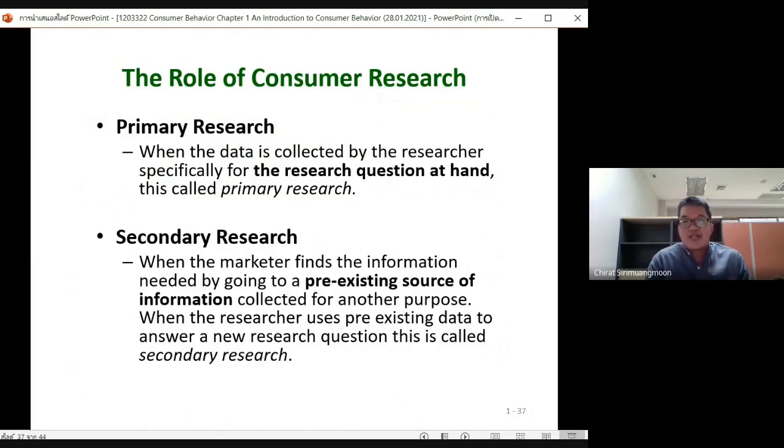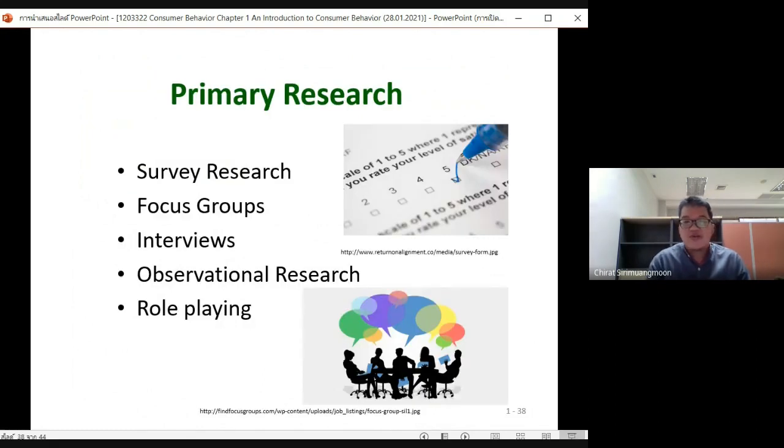So, the roles of consumer research. When we do consumer behavior, it's like you do a consumer study or consumer research. If you want to have primary research, you can get it directly yourself. But if you collect data from other people, from other sources, we call that secondary research. So here are examples of primary research.